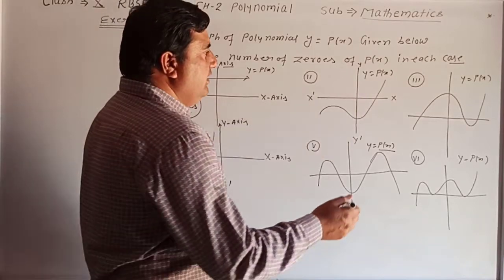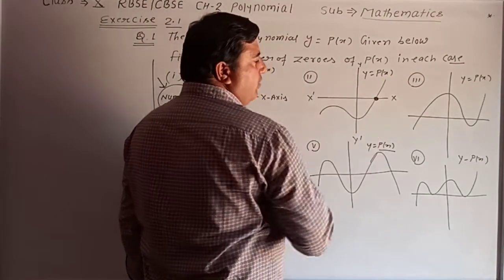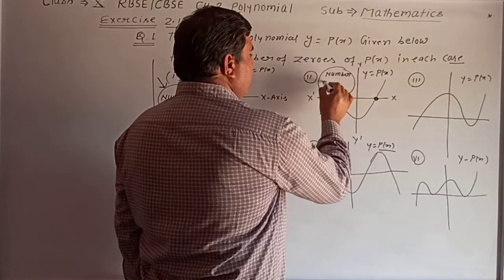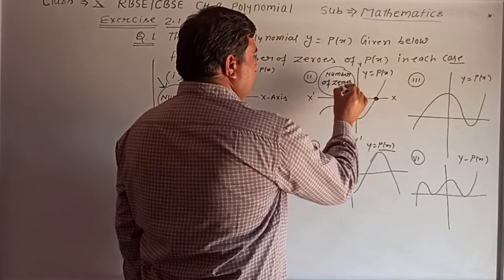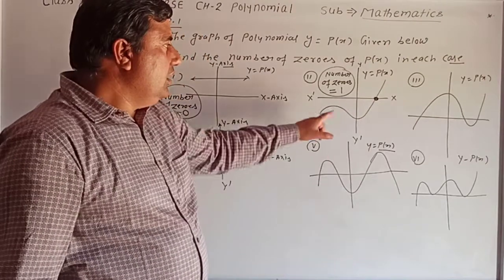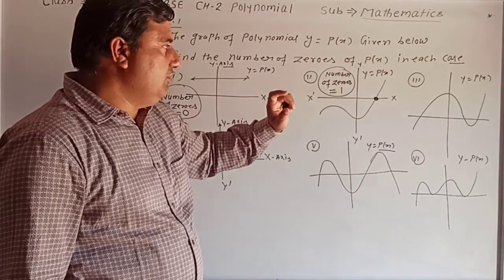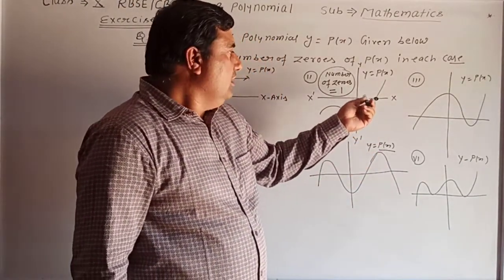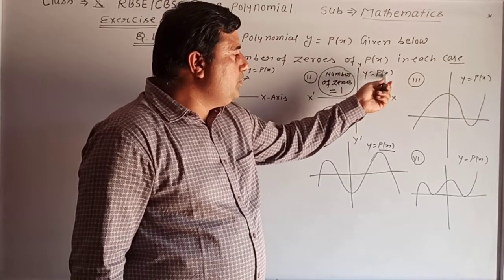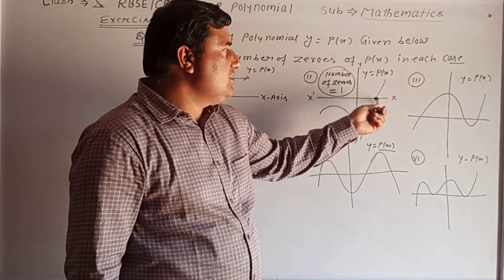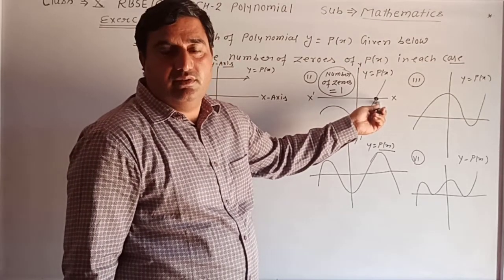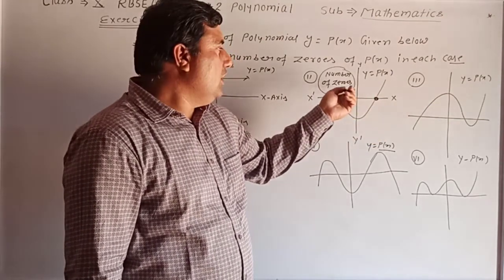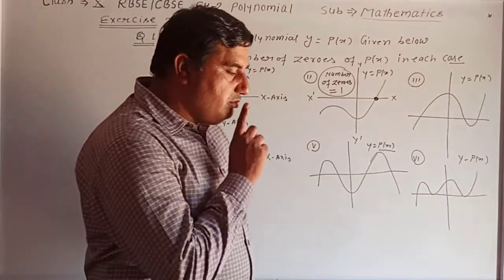This graph intersects the x-axis at only one point, so the number of zeros equals 1. Because this graph y equals px intersects the x-axis at only 1 point, the number of zeros is 1.